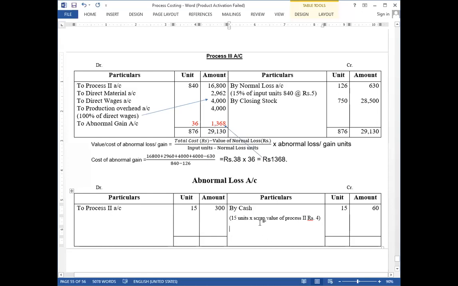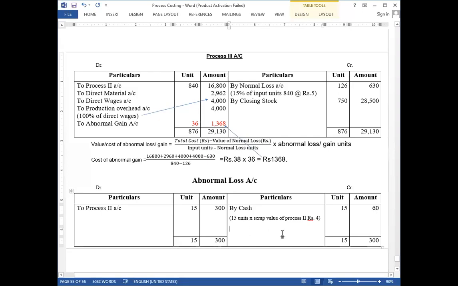Okay. Next you have to write the balancing figure. That's all. Because in process 3 there is no abnormal loss, so I am going to balance it. This side 15 units and the amount is 300 rupees, and this side is 15 units and the amount is 300 rupees. It's nothing but what you have invested. That means you have involved the material, wages, production overhead, all the expenses for 15 units is 300. But out of 300, I can realize only the scrap value of 4 rupees, that is 60 rupees.